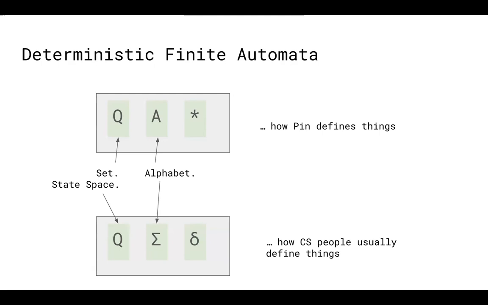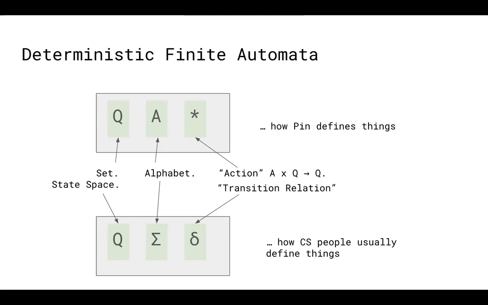An alphabet, which he denotes as A, but I think is more classically denoted as sigma, although I've seen other things too. And what he calls an action from the alphabet and the set to the set, which we more commonly view as a transition relation from the state space and the alphabet to the state space.